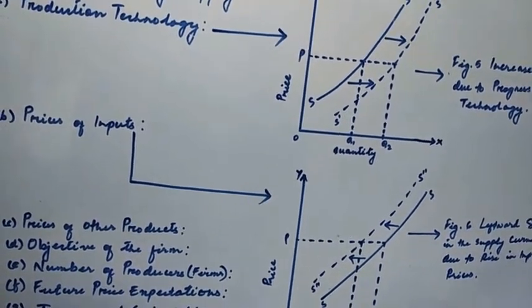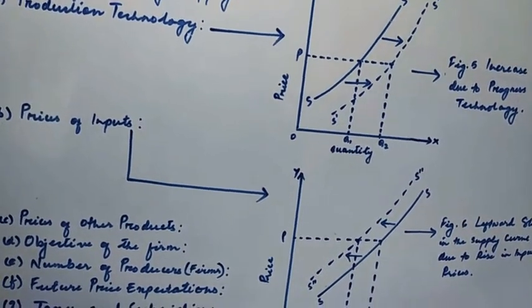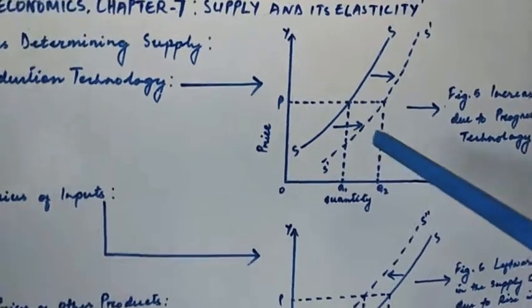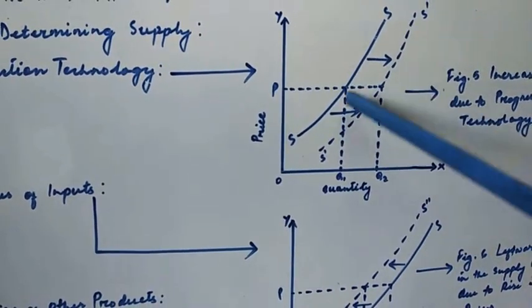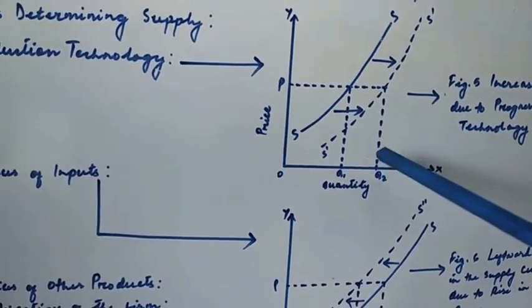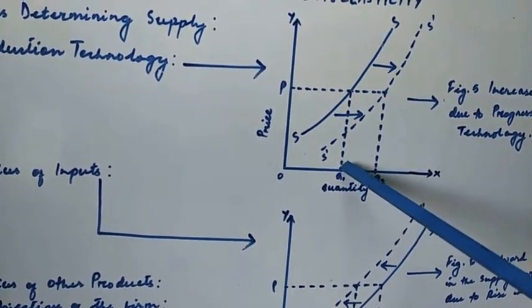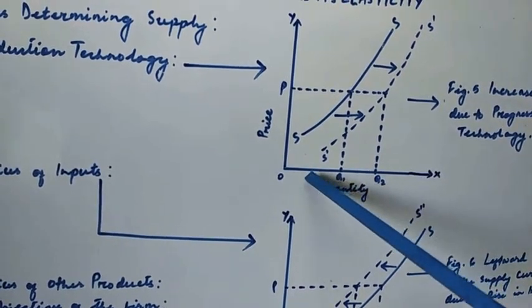So the supply would increase, implying that the supply curve would shift towards the right, because technology has made an improvement. At the same prices, a producer is willing to supply more. That is OQ2.